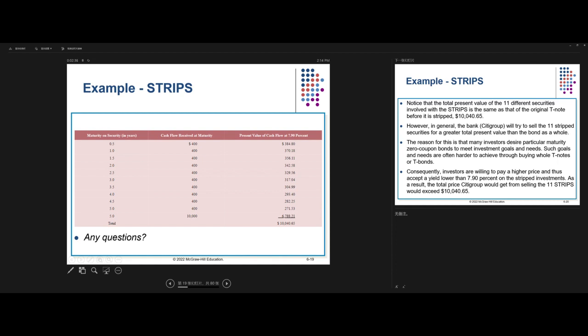The secret is that do not use 7.9 because this is annual interest rate. So you have to use the semi-annual interest rate, which means 7.9 divided by 2. Then also change the maturity into a number of periods, means that number of 6 months. So therefore you will be able to get this present value if you use semi-annual compounding.